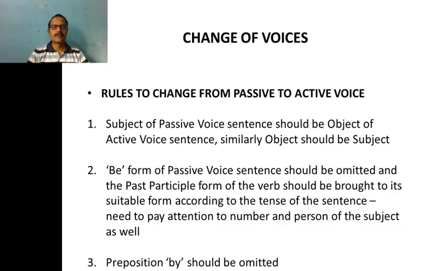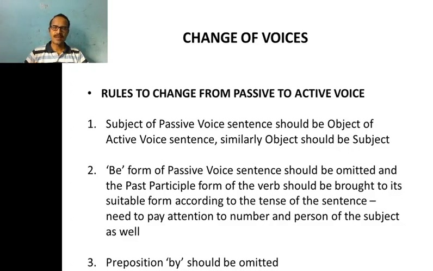Then, when we changed the sentences from active to passive, we had introduced the form of be, and we had changed the main verb to its past participle form. Now it is exactly opposite. The form of be that is present in the passive voice should be omitted.